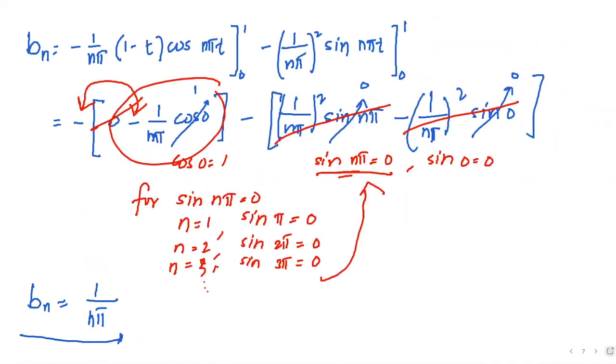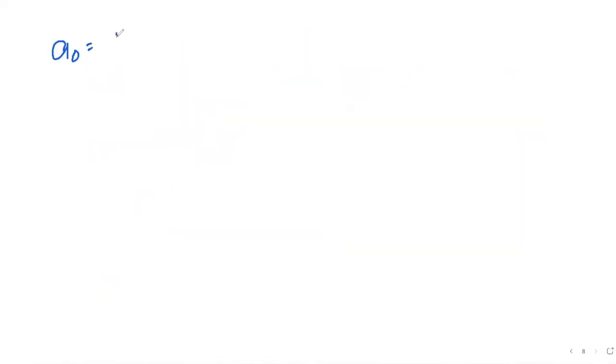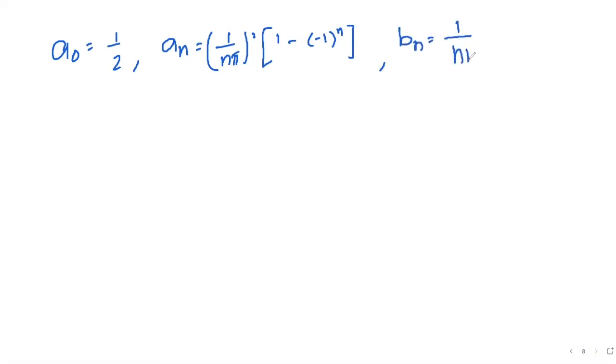So recall all the values. We write a sub 0 is 1 half, a sub n is 1 over n pi quantity raised to 2 times 1 minus negative 1 raised to n. b sub n is equal to 1 over n pi.